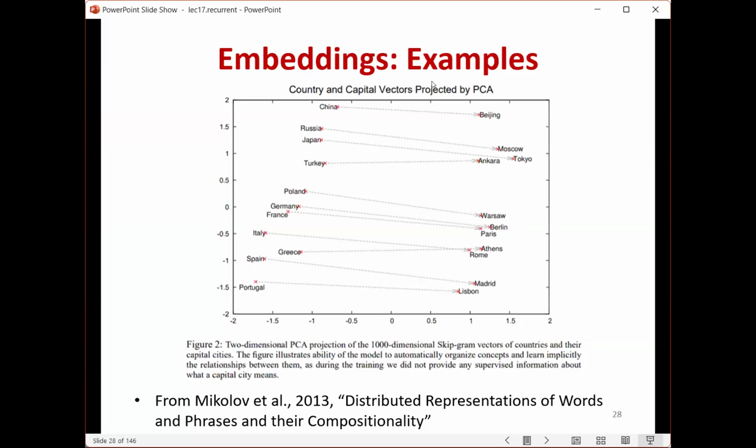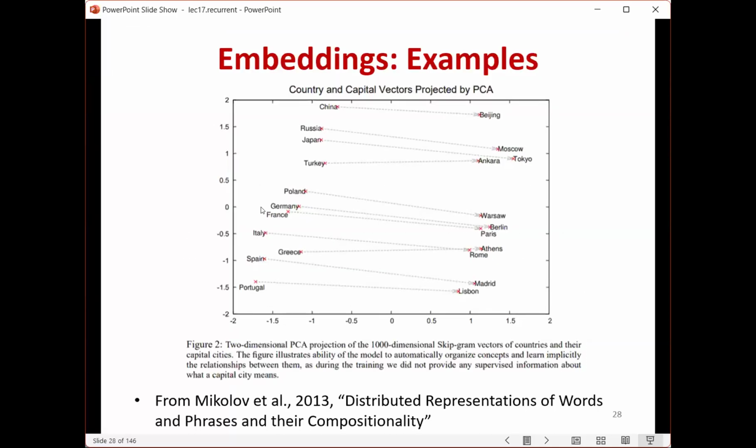This is clearly a country capital relationship. And they had other examples where they showed that king plus woman minus man gave you queen, because the vector that connected man to woman was the same as the vector that connected king to queen. So very nice.